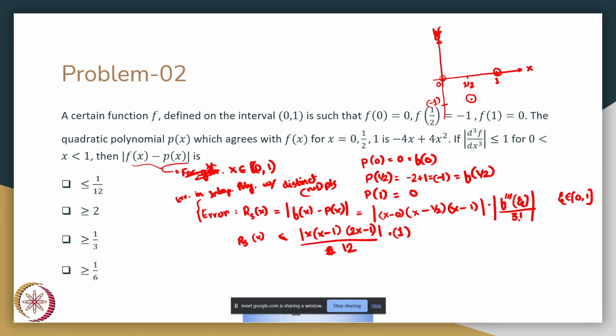This is because we have been given that the third derivative is less or equal to 1, right?